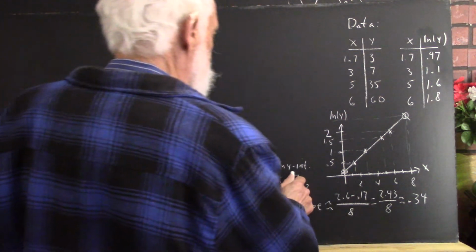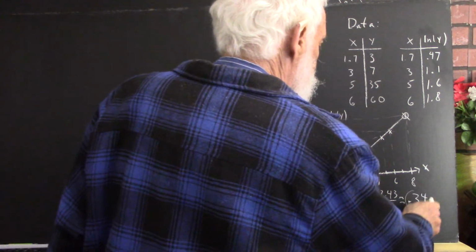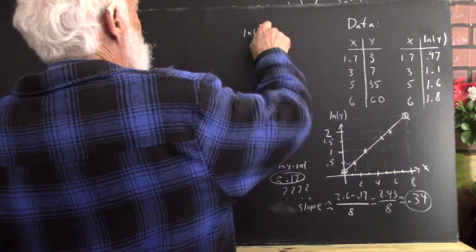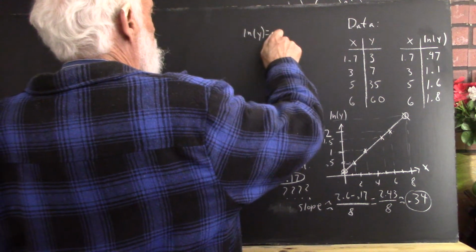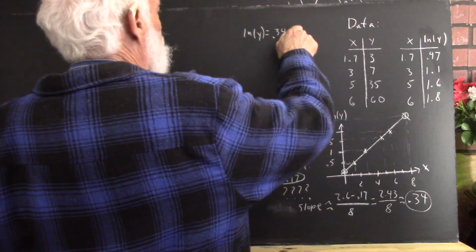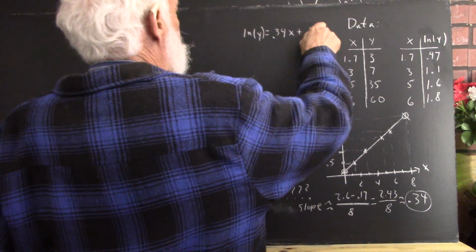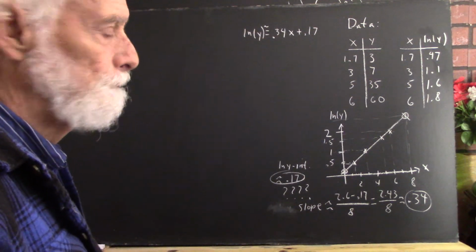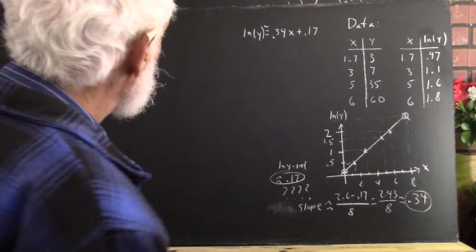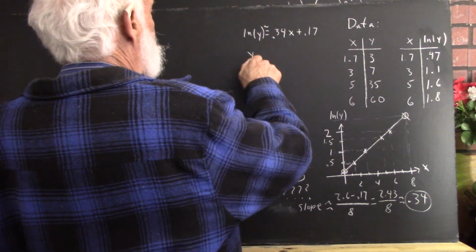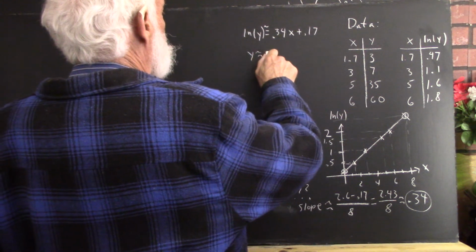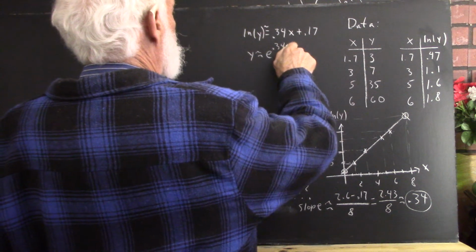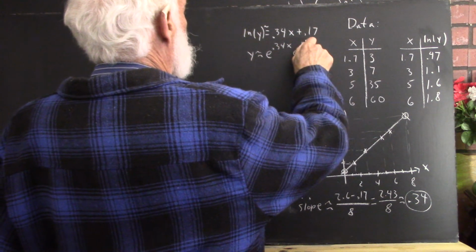So now using this number and this number, we see that the natural log of y equals 0.34 times x plus 0.17. Well, that means that y is approximately equal to e to the 0.34 x, e to the 0.17.